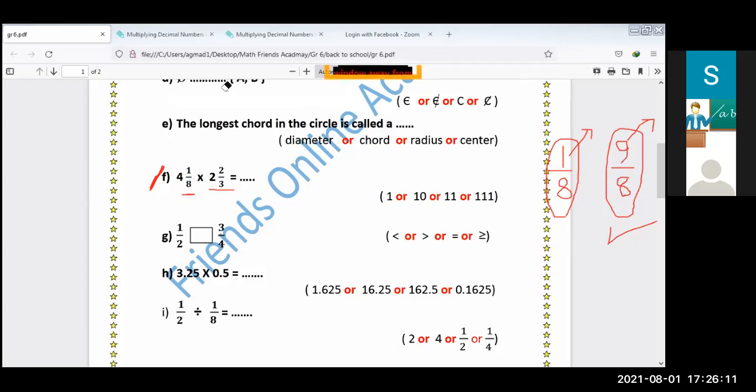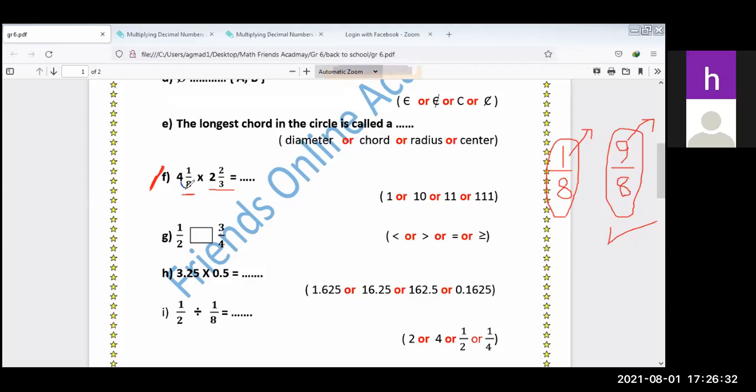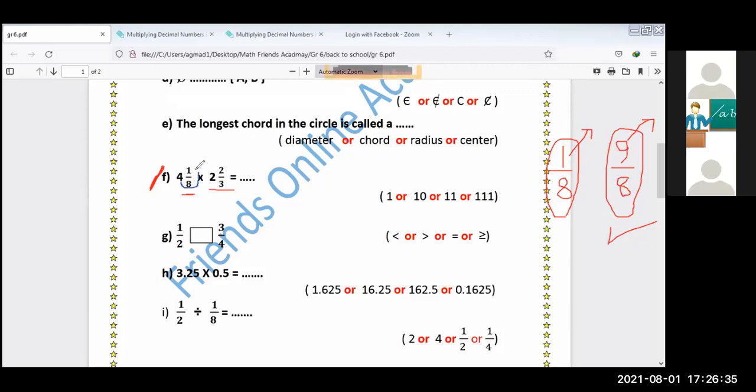Let's make it. Abdurrahman, how can we make it? Do you remember how we can convert the mixed number to an improper fraction? Multiply 8 with 4, equals 32.